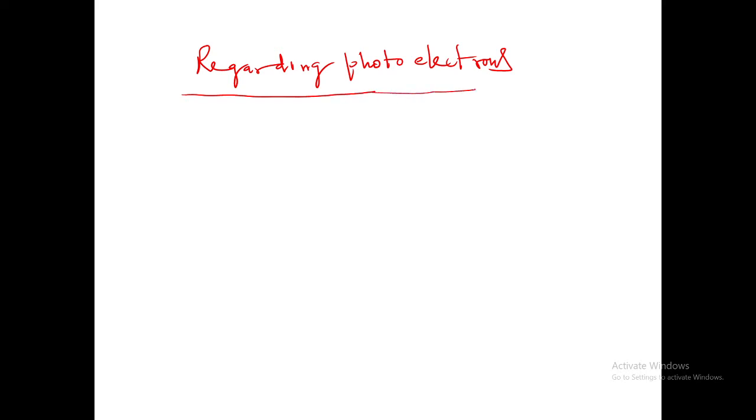So regarding photoelectrons, what observations are there?